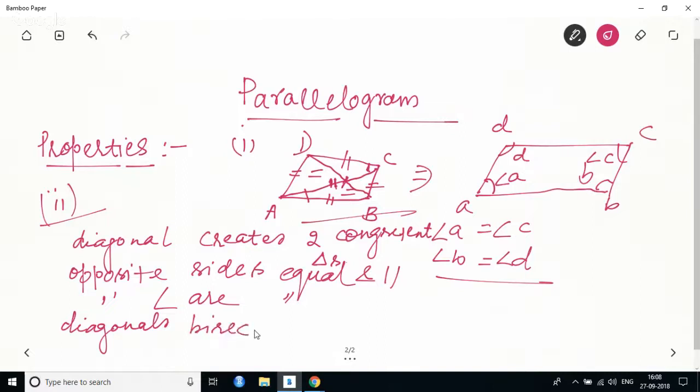Now understand, diagonals don't bisect each other at 90 degrees, so please don't have that in mind. In a parallelogram the angle between diagonals is not 90 degrees, so diagonals bisect each other. This I have told you in the class also, bisect each other.